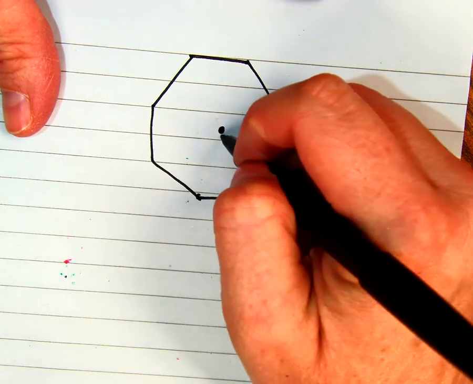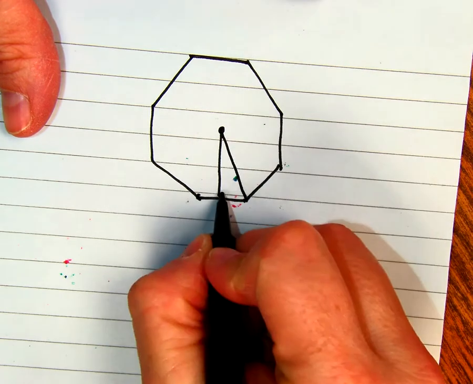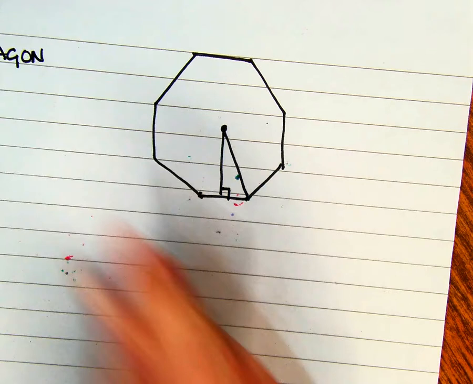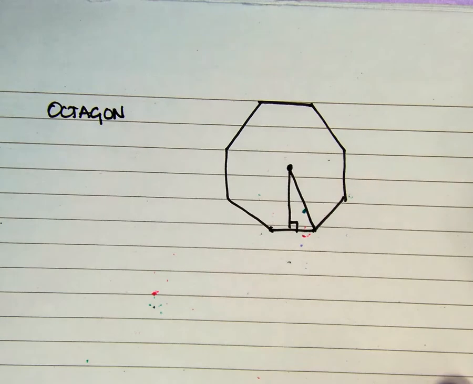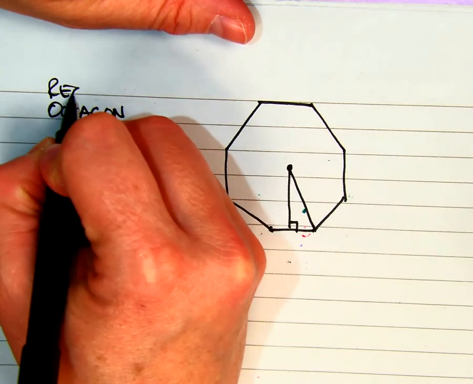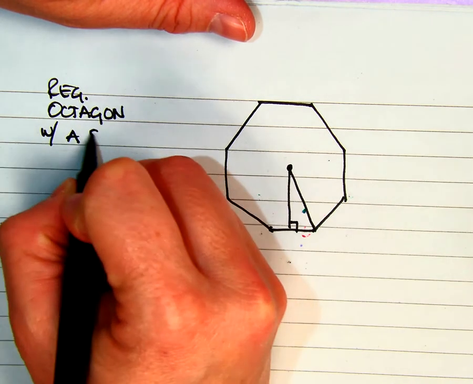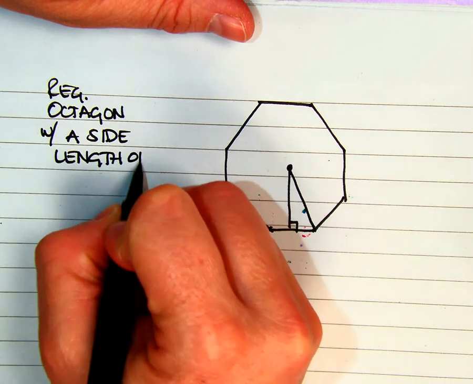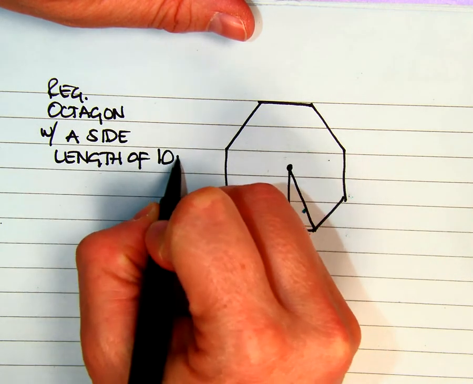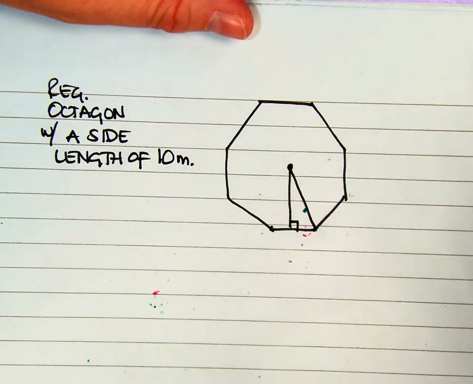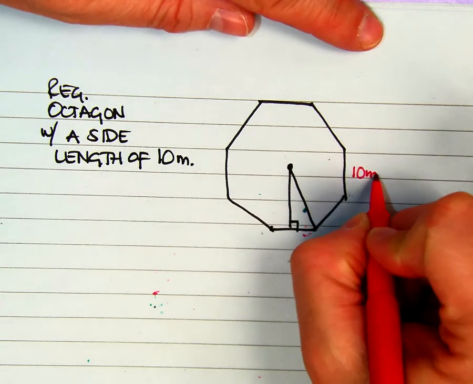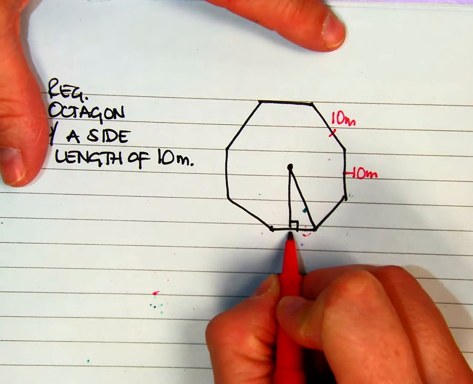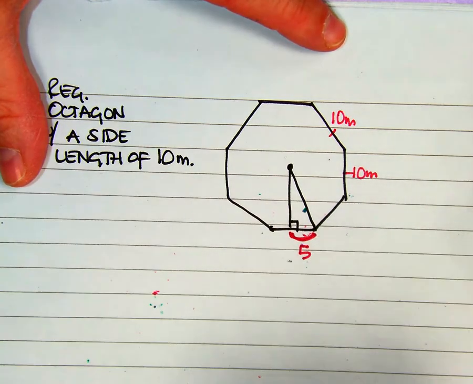If I give you an octagon, a regular octagon, with a side length of, let's say, 10 meters, that means that every side is 10 meters. So all the sides are going to be congruent, which means that this much of it is going to be 5 meters.